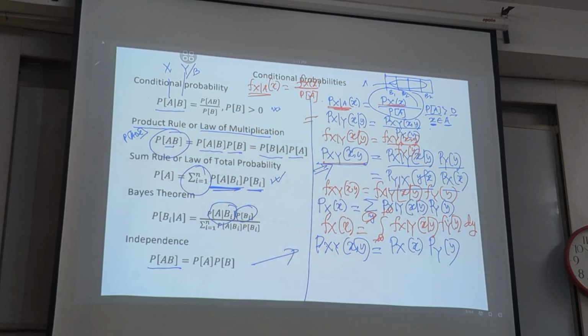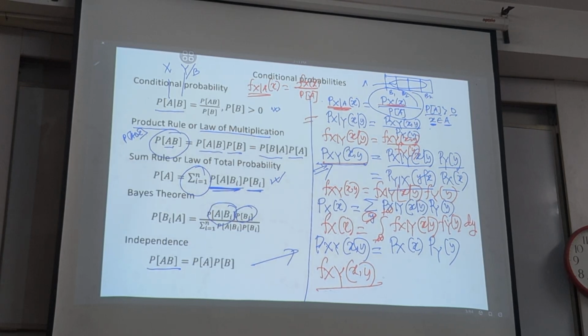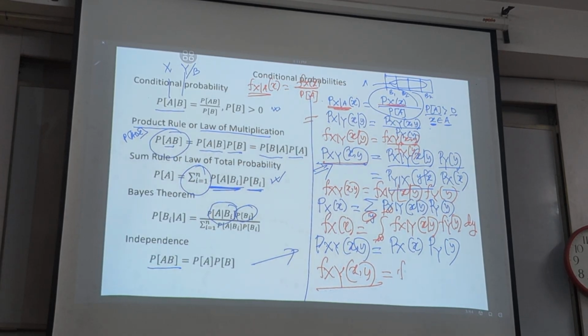And finally, we'll see it tomorrow: two random variables are independent if their joint PDF is equal to the product of the individual PDFs of X and Y.